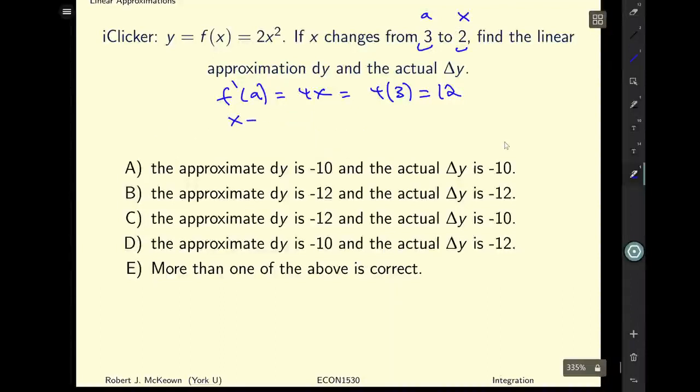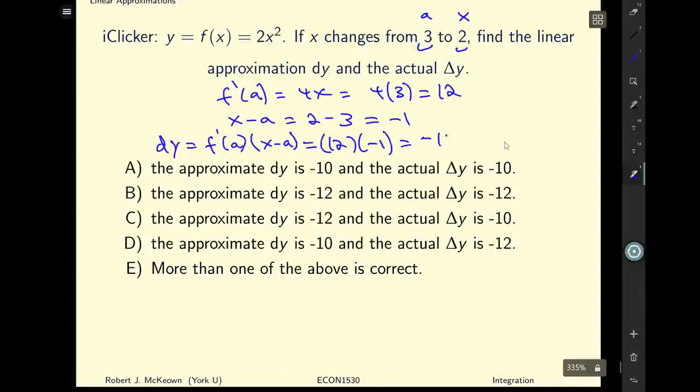Now x minus a is going to be equal to 2 minus 3, which equals negative 1. Combining this together, we get dy is equal to f prime a, x minus a. And so we have 12 times negative 1, which is equal to negative 12. So that got our dy.